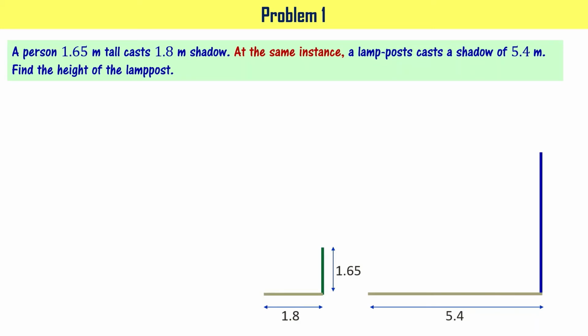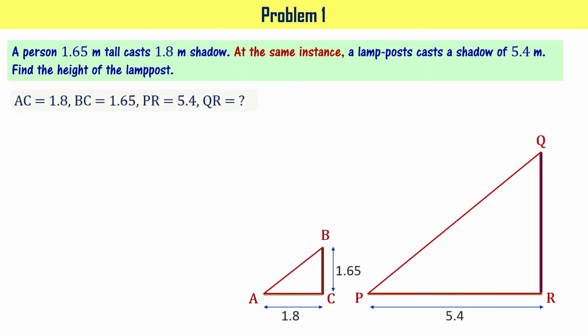As you see here, you can draw right angle triangles. The first right angle triangle I am calling triangle ABC, and the other right angle triangle I am calling triangle PQR. Here the length AC is known, that is 1.8, BC is given, that is 1.65, PR is given, that is 5.4, and QR is something we have to find.